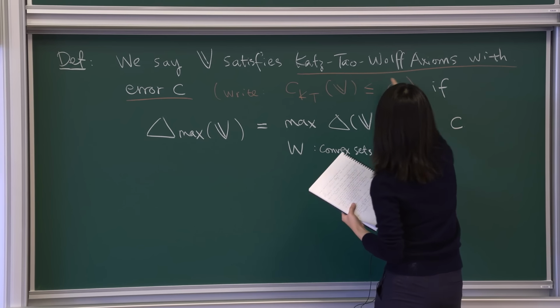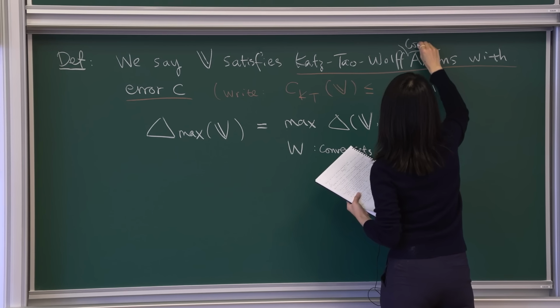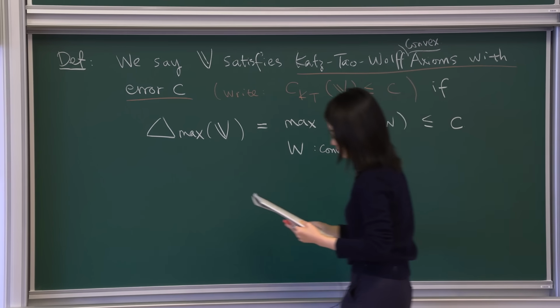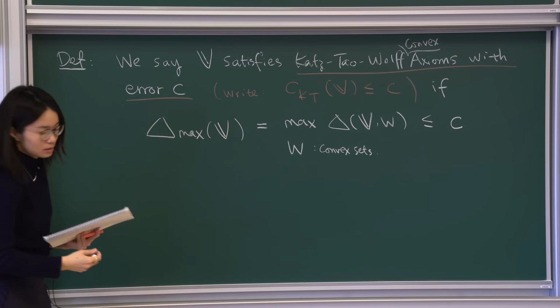So usually it's Katz-Tao convex Wolff axioms. So that's the first definition.